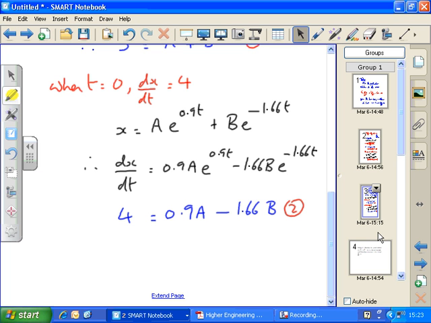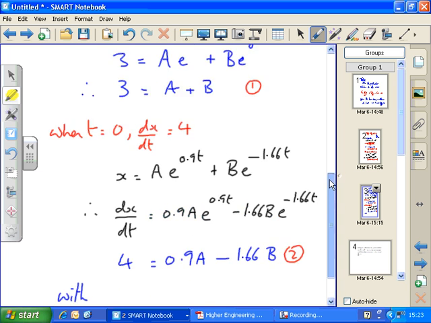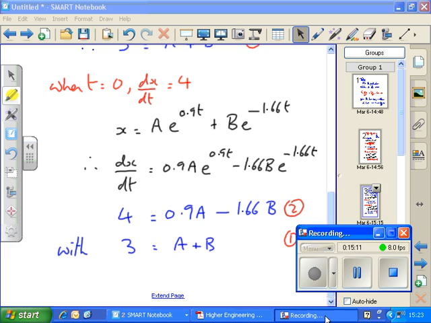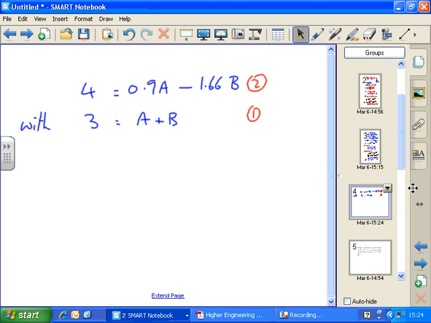So putting them together, 3 equals a plus b, which was equation 1, we've got our two simultaneous equations. All we've got to do now is solve them. What do we do?